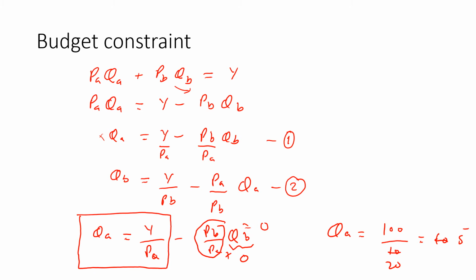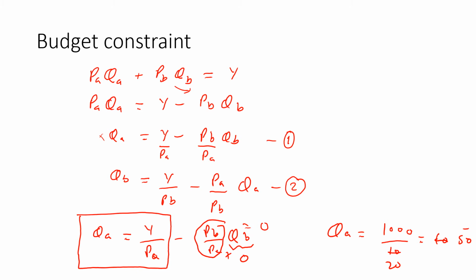What if our budget has increased from 100 to 1000 and the price of apple is 20? We will be able to consume 50 apples. So when we increase the budget, we will be able to consume more of those goods, and when we increase the prices of those goods, we will be able to consume less of those goods. So it is quite understandable, and we see that in our normal day-to-day routine.